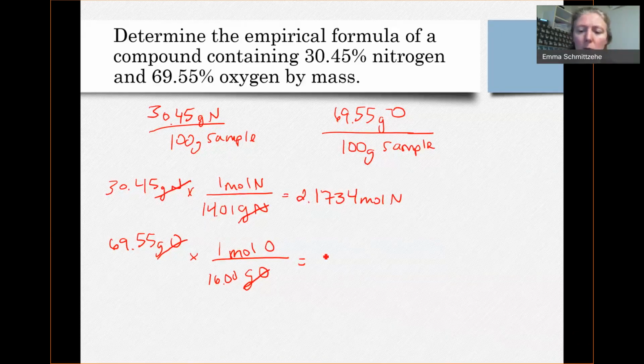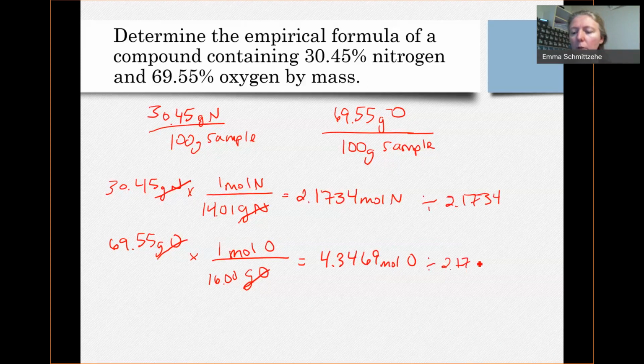So let's see, this next one comes to 4.3469 moles oxygen, okay? So then I'm not going to rewrite those. I'm just going to tack on here. We're going to divide by the smallest, so divide by 2.1734, and we're going to divide this one by 2.1734.